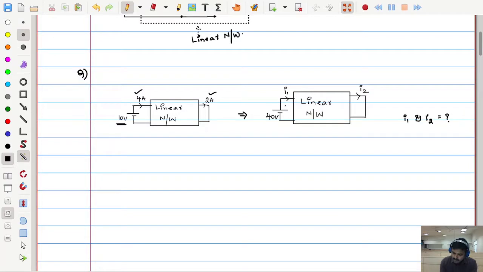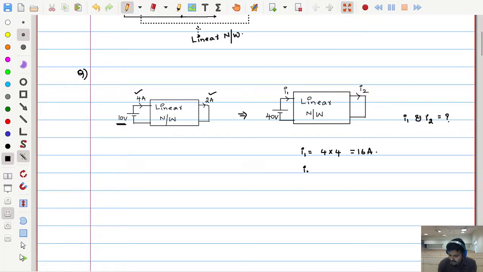For the same linear network, I give an input of 40 volts, but previously it was 10 volts, so the multiplying factor is 4. So these currents will also be multiplied in the same proportion. The previous current is 4 amperes, and now the multiplying factor is 4, so this gives 16 amperes.